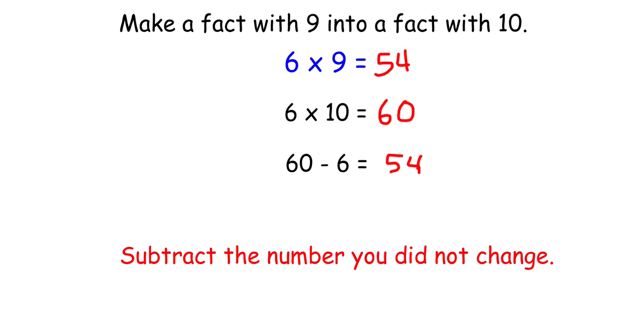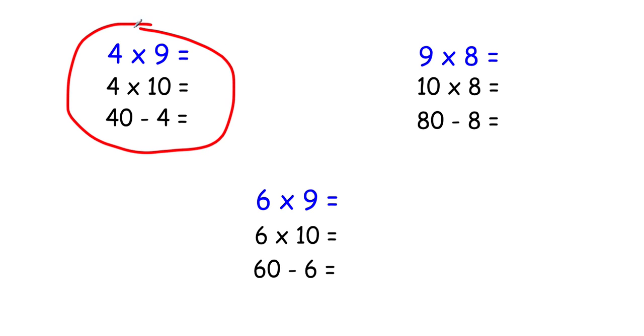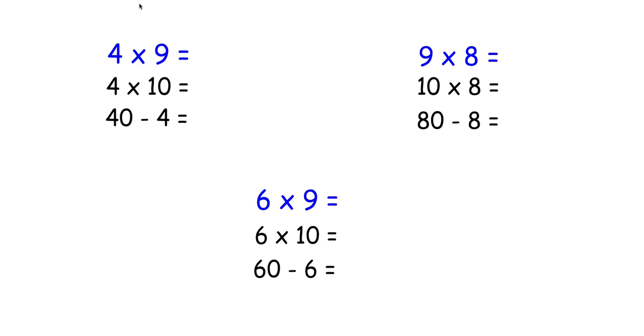So now let's look a little bit closer at the pattern that we're using for the rule. 4 times 9 got changed into 4 times 10. Let me highlight this here so you can see the 4s here, here, here. I used 4 the entire time. In this problem, I'm going to use 8 the entire time.